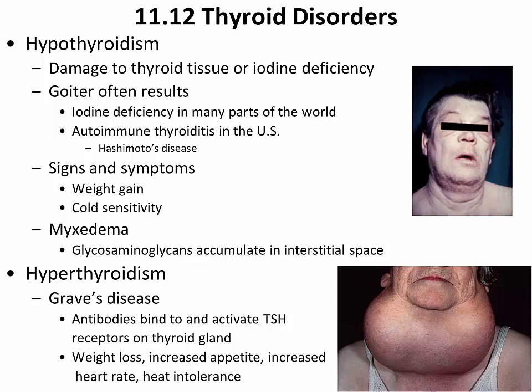In the United States, being a developed country with access to iodinized salt, the most common cause of hypothyroidism is autoimmune disorders. Autoimmune disorders that impact the thyroid gland are referred to as autoimmune thyroiditis.